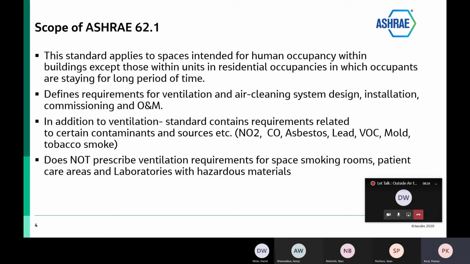In addition to ventilation, there's a whole table which demonstrates the importance of certain contaminants and sources which are often found in buildings. We can talk about nitrogen oxide, carbon monoxide, asbestos, lead, VOCs, and tobacco smoke. It has certain ppm, parts per million, information with regards to each of these contaminants which can cause issues to the occupants.